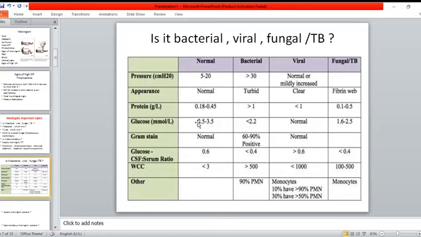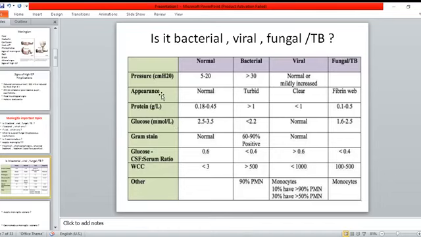I want you to stress on some data, because I always say when you are given some data in the scenario, stress on all of it, because every single word, every single number usually means something in the scenario, and it's not given just haphazardly.